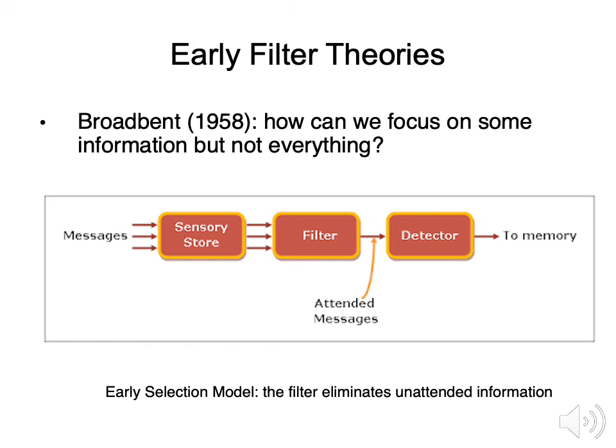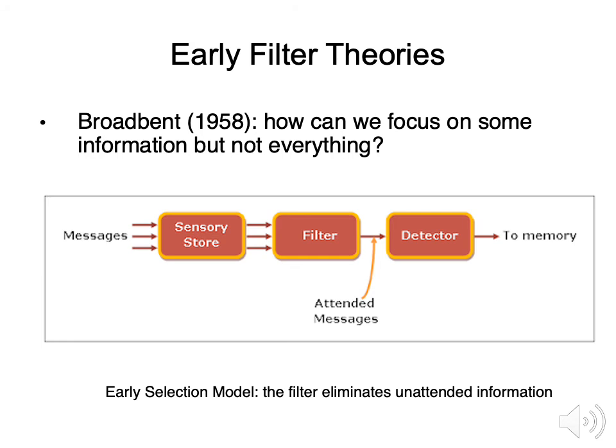A filter can be regarded as the selector of relevant information based on basic features such as color, pitch, direction of stimuli, size, etc. So let's walk through this filter model. The stimuli must enter into our sensory memory, or sensory store, that is our eyes, ears, nose, in order to process that information.